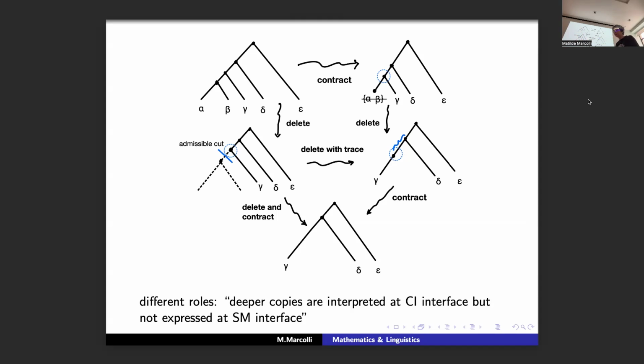And as I said, we're just going to write the label in this form, but it doesn't mean that you have to remember the old structure, which would create an infinite set of labels. You just have to remember the syntactic feature that tells you the role that the structure had. Or you can make a cut and keep this non-branching vertex here. That again is a way of remembering that there was something that you have moved that was in that position.